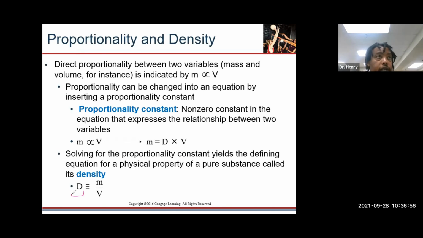So the density of water is always going to be 1 gram per milliliter as long as we're around 25 degrees Celsius, okay? So it's always going to be the same. So the density is always going to be the same at room temperature, water. So whether you have 3 liters of water, or you have 20 gallons of water, or you have 35 ounces of water, the density is always going to be the same, okay? Which is going to be 1 gram per milliliter of water.